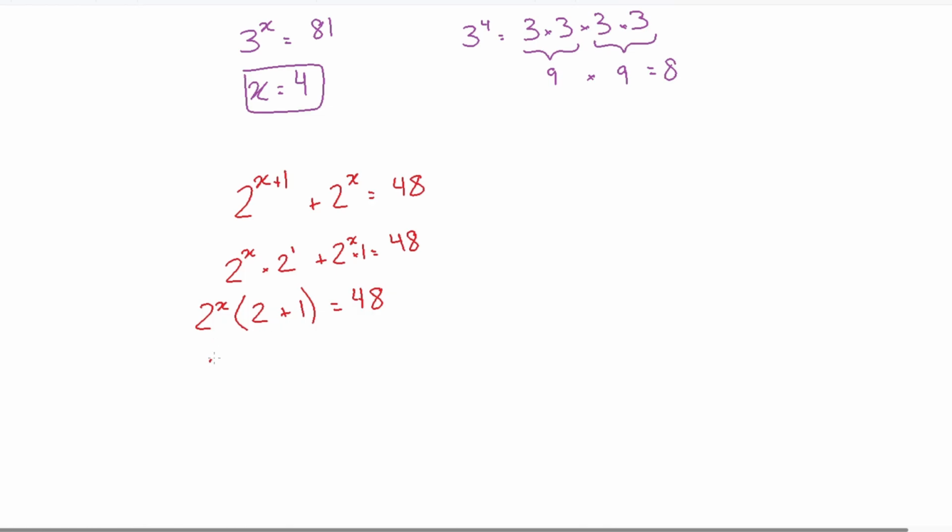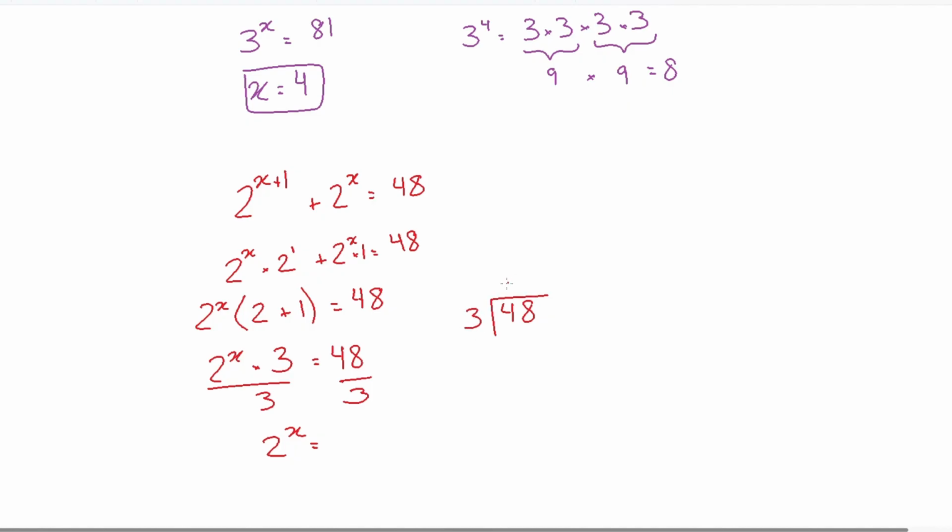So now let's solve. 2 to the x times, well, 2 plus 1 is just 3, equals 48. And if I divide both sides by 3, I will get 2 to the x equals 48 over 3, and we could do some long division. Good to always have some practice.